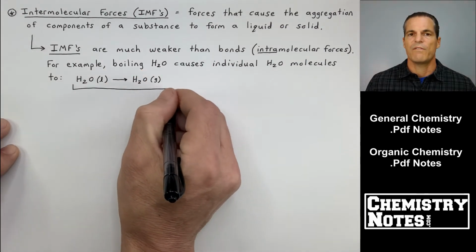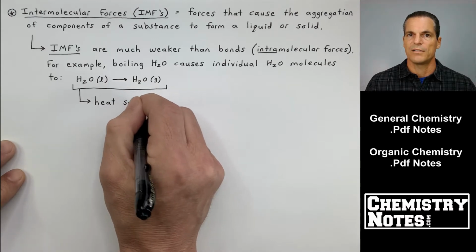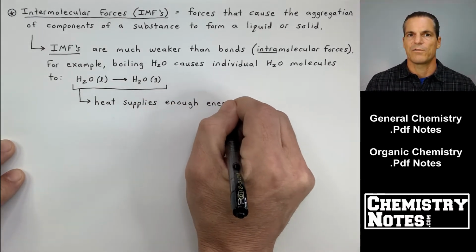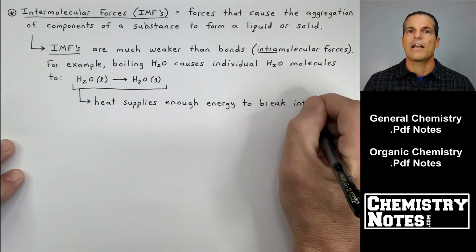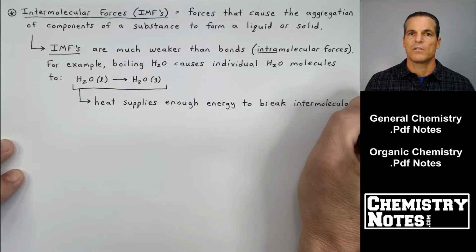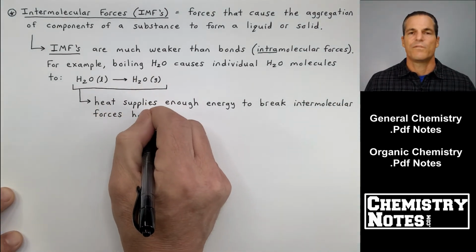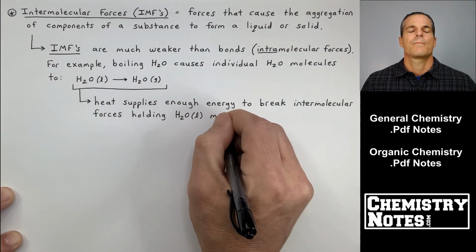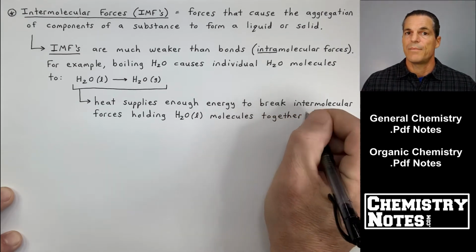You haven't destroyed the intramolecular forces, the bonds, but you have disrupted the intermolecular forces. You've caused the aggregation of water molecules in liquid form to break up. You've overcome intermolecular forces. You have not overcome the intramolecular forces or bonds. So intermolecular forces are much weaker than bonds.